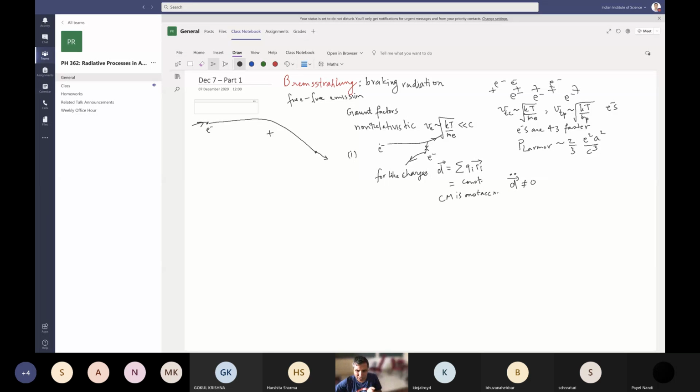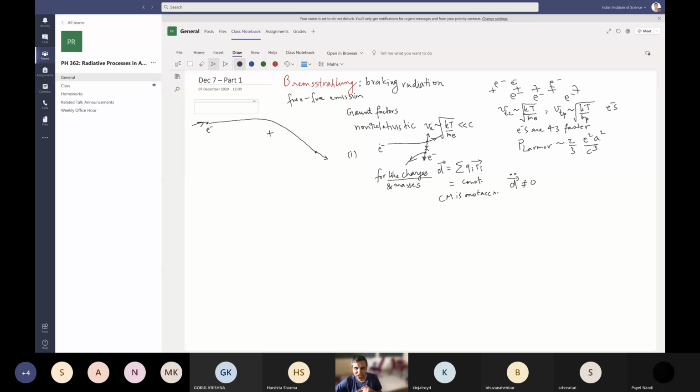But in this case of like charges and the same masses, for example, an electron-electron collision will not give rise to any radiation because the dipole moment is conserved. This electron is experiencing a force in that direction, this one is experiencing a force in that direction, so the acceleration of this electron plus the acceleration of this electron, since the qi are the same, cancels.